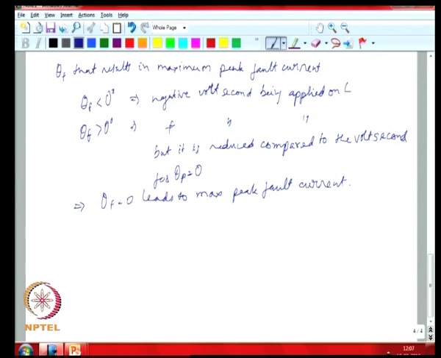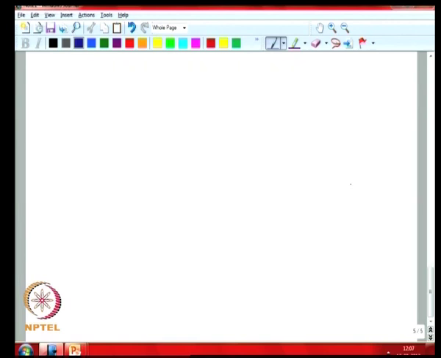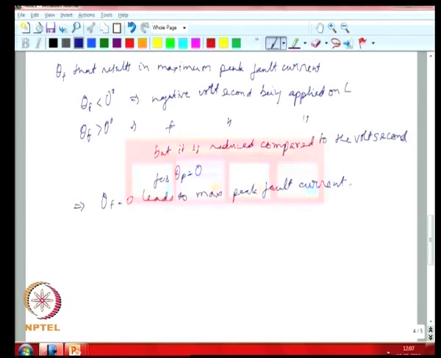Then we could look at the question that we had. We were given R by X of 1 by 3 and magnitude of the impedance Z to be 0.1.